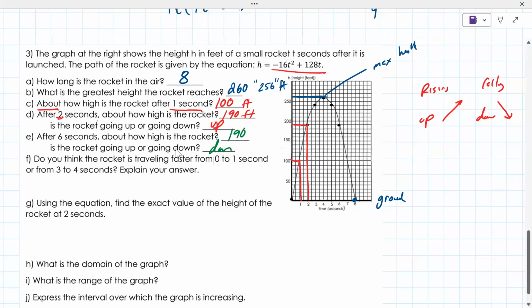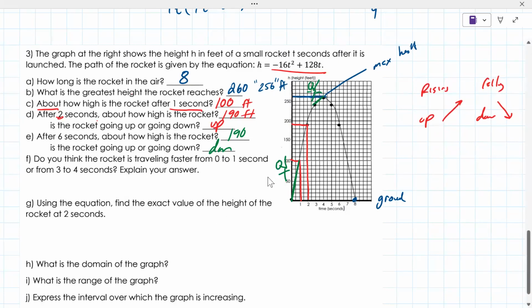Okay, it says, do you think the rocket is traveling faster from 0 to 1 second or from 3 to 4 seconds? The way to answer this is to look at the steepness of the curve. Which is steeper, that part of the curve or that part? Think about hiking. Which is harder to hike?